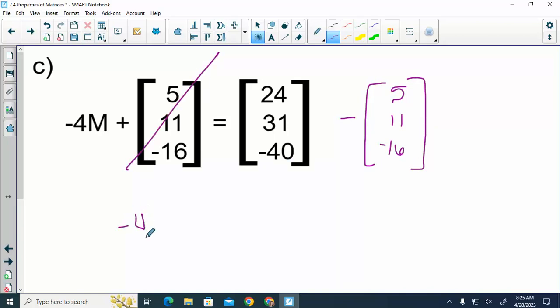So then I'd have 4m equals, so 24 minus 5, 19, 31 minus 11, -40 minus -16, so -40 plus 16, negative 24.